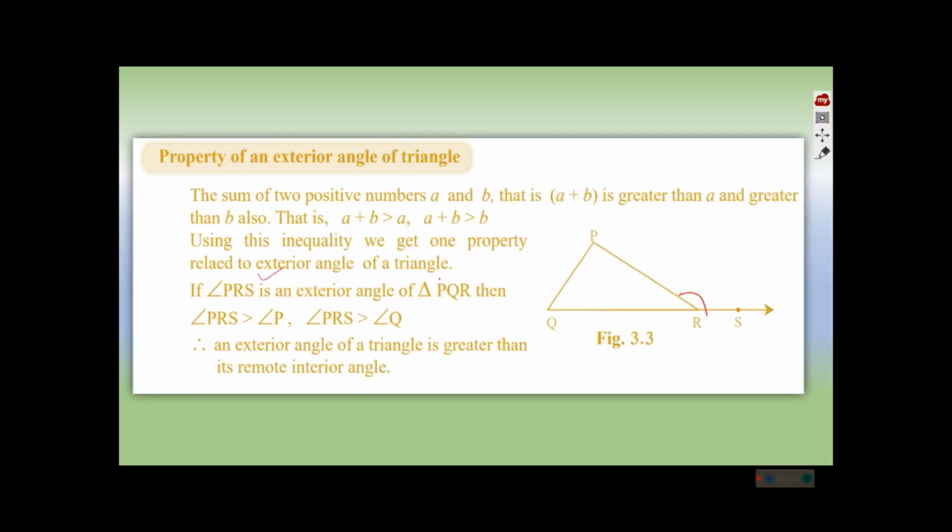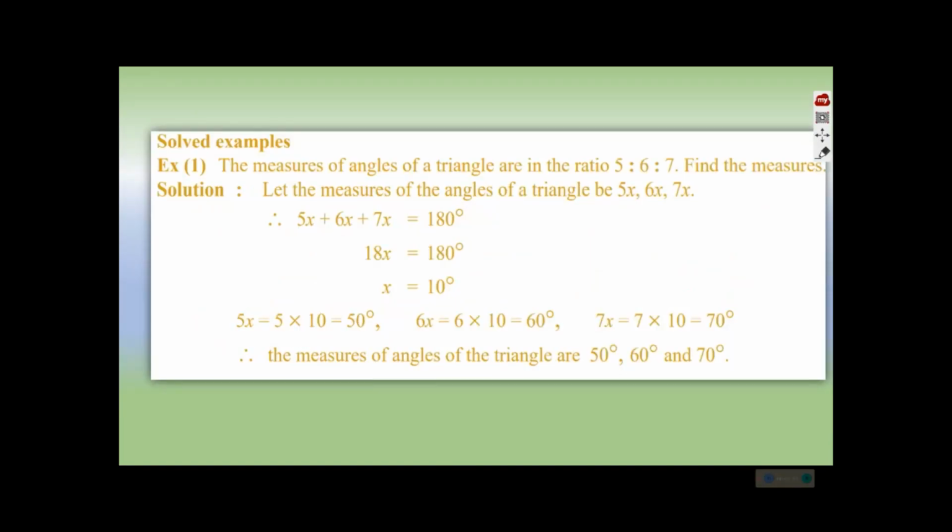PRS is an exterior angle of triangle PQR, and PRS will always be greater than P because PRS is formed by the addition of this and this. ये हमने प्रूव किया, तो हमको हमेशा बोल सकते हैं PRS, the exterior angle, is greater than P and it will be greater than Q also, because we know that PRS has a value equal to angle P plus angle Q का value से PRS बना है. So here is a property of the exterior angle of a triangle.